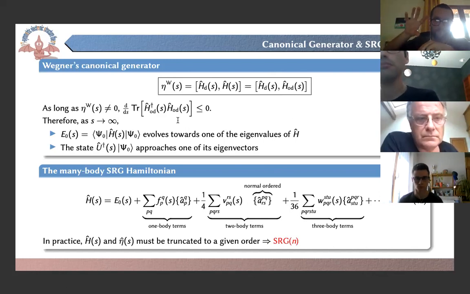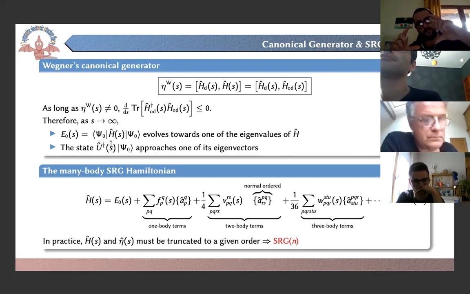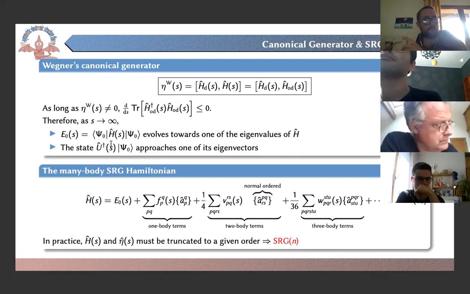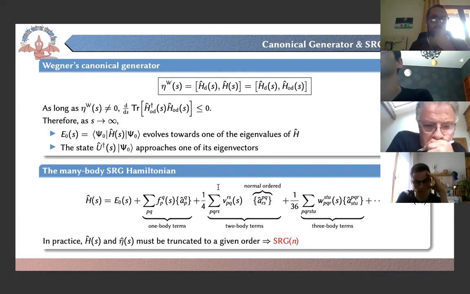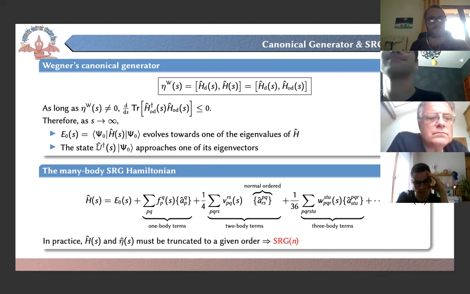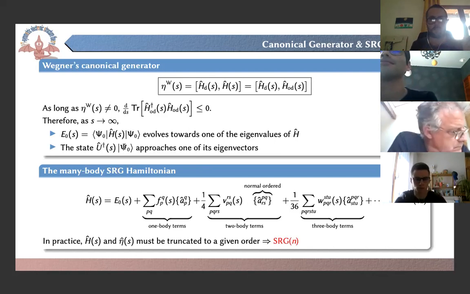And so what you're going to show is that your expectation value of the Hamiltonian H of S for your reference wave function is going to evolve towards an eigenvalue of H, because it's a similarity transform, so same spectrum. And one of the eigenvectors is going to evolve towards something that looks like an eigenvector of H, but you have this transformation U of psi 0. It's a similarity transform, so it's same eigenvalues, but different eigenvectors.